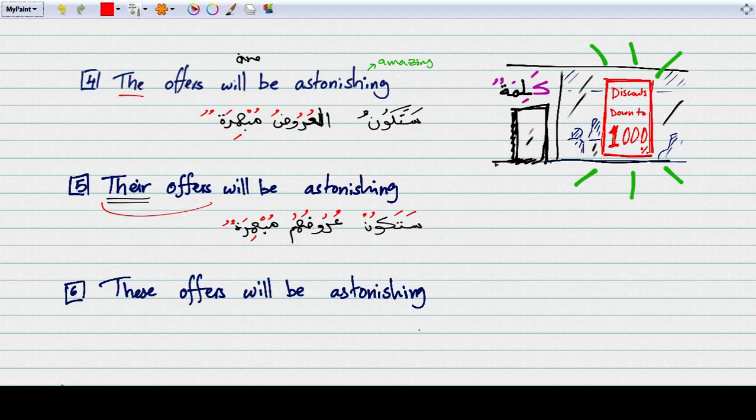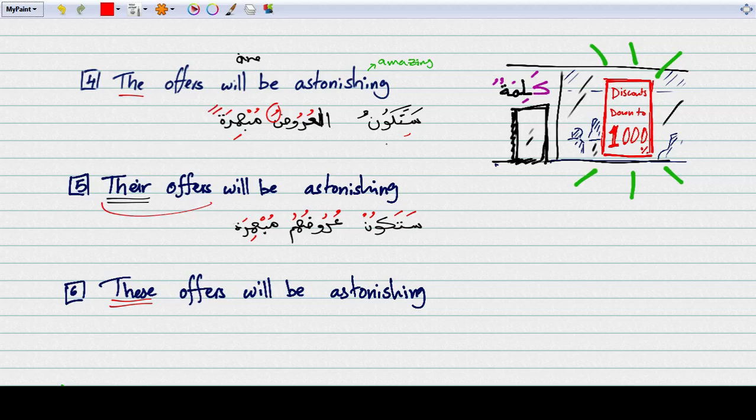Now the next one, we're going to switch from there to these, so using a demonstrative pronoun. ستكون عروضهم مبهرة. Okay, first, there was one thing I forgot to do here. Since we are using تكون, I made one mistake. Since I added تكون, عروض will take ضمة, very nice, but مبهرة has to take فتحة.